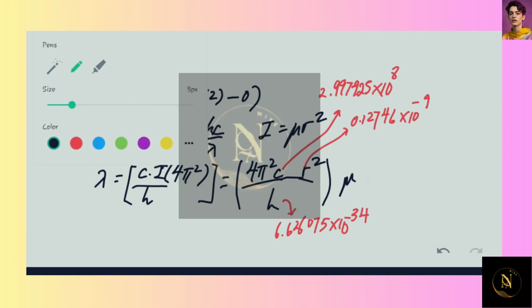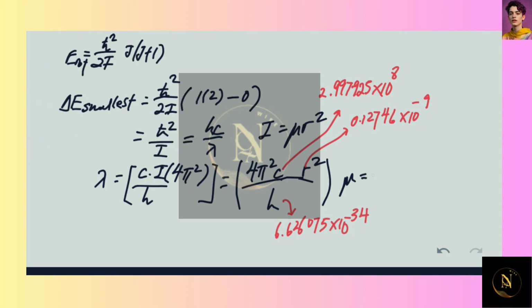Evaluating this, we get the expression in terms of mu. We will need to find out what mu is, add it in, and then we will get our wavelength in terms of meters.